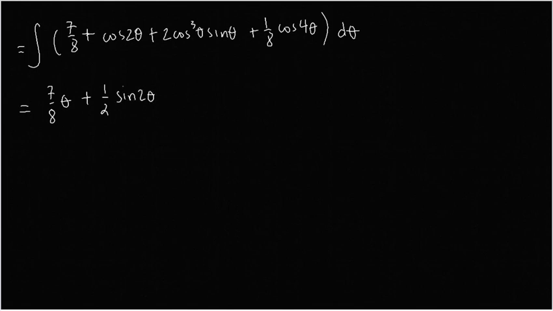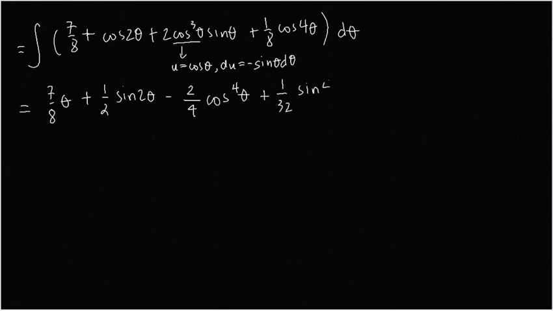And the integral of this one, let's say if we let u equal to cosine of theta, so that du is equal to negative sine of theta d theta. So this can be equal to what? Minus 2/4 cosine to the fourth power of theta. Then plus 1/8 times 1/4 is 1/32 sine of 4 theta plus c.